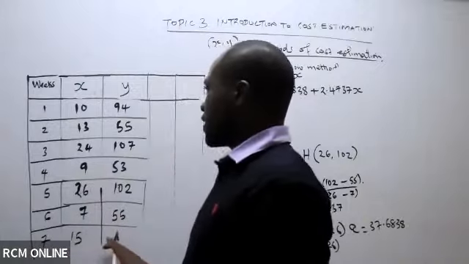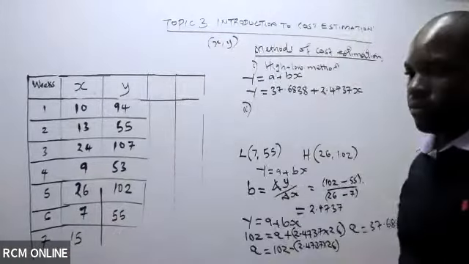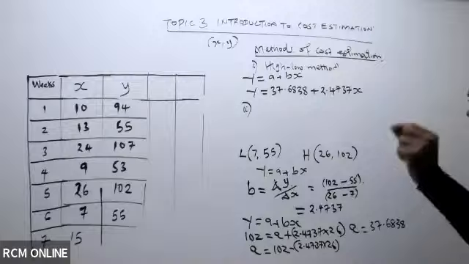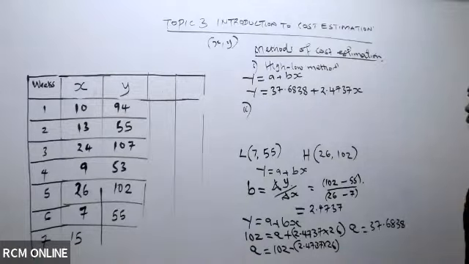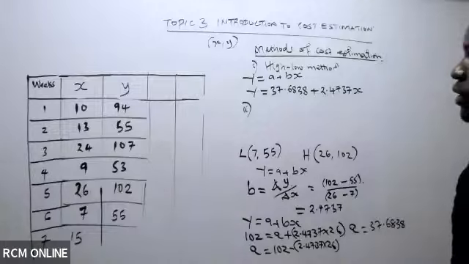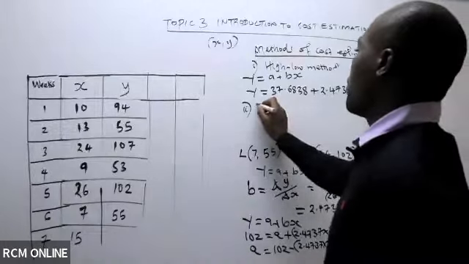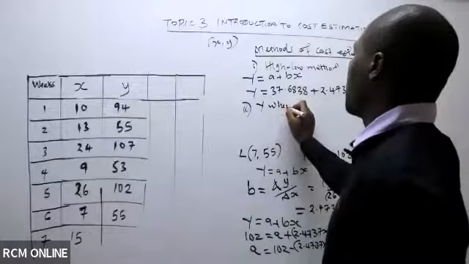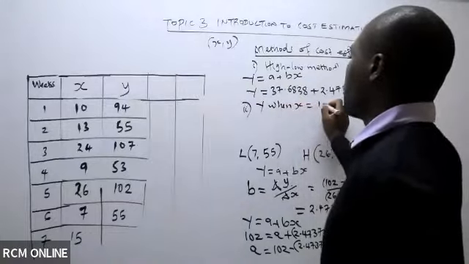So can someone give us total production cost? If in week 7, the company is anticipating production of 15 units, that is basically the value of y when x is equal to 15.